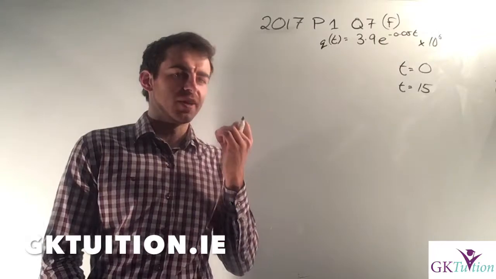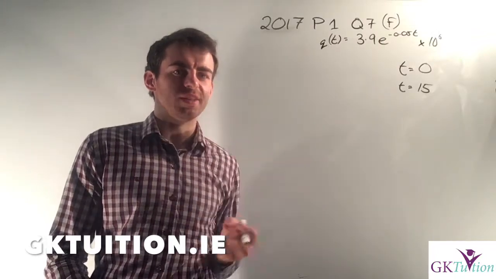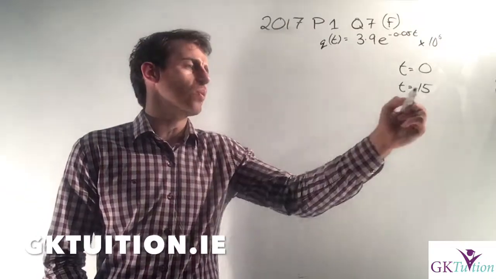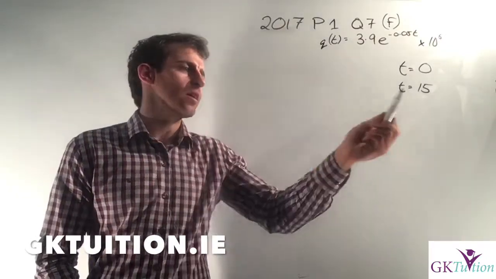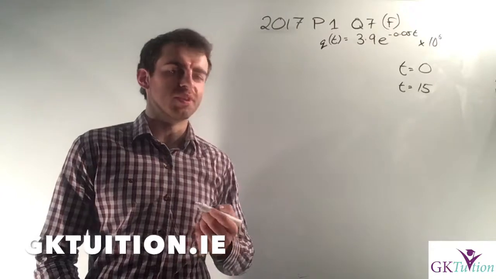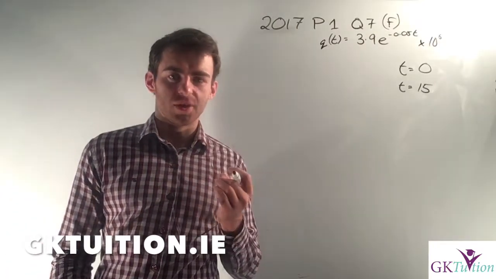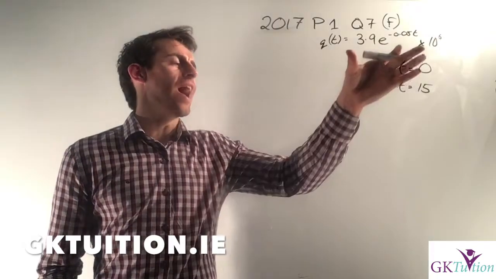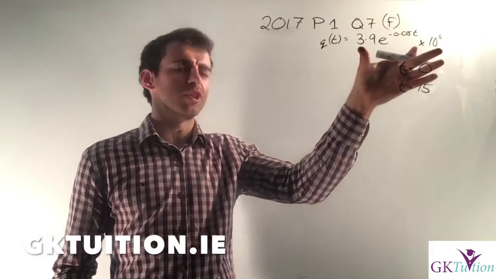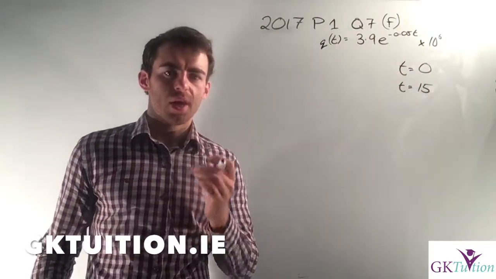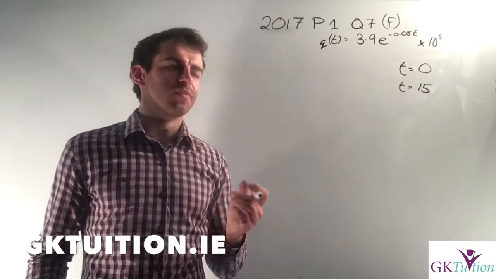And if I want to find it from 2010 to 2025, well, 2010 is t is equal to 0, and 2025 t is equal to 15. Clearly 15 years after t equals 0. So you should recognize that this is an integration question. I want to find the average of this function when subbing in my values from t equals 0 to t equals 15. Now there's a formula in integration for this.